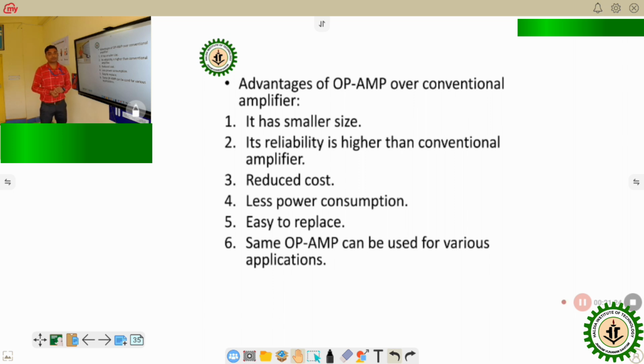Also, cost for commercialization is one of the factors. It has reduced cost, less power consumption, and is easy to replace. The same op-amp can be used for various applications, meaning one op-amp can be used in different applications, linear, non-linear, and wave shaping circuits.